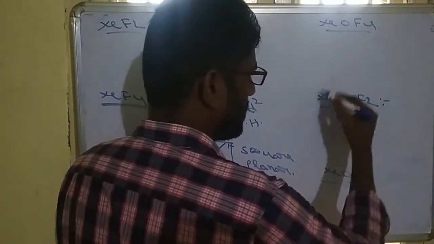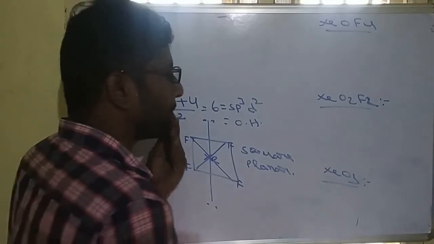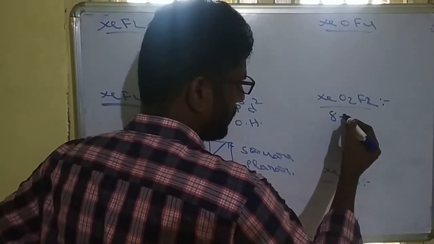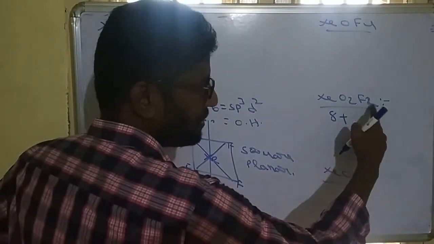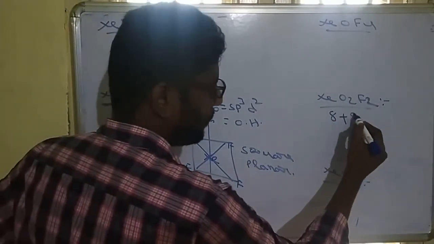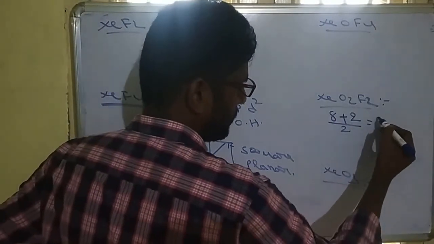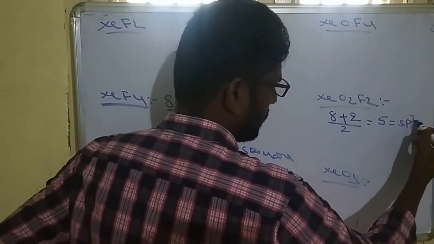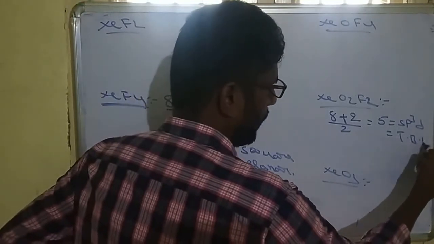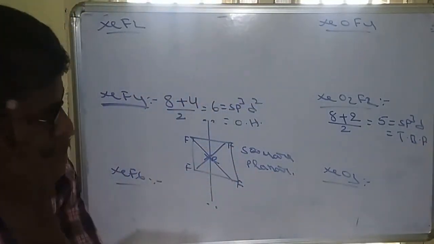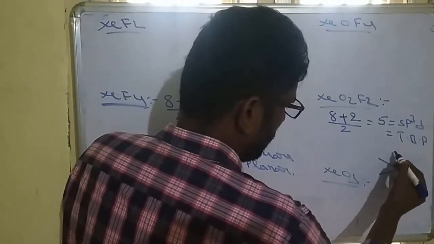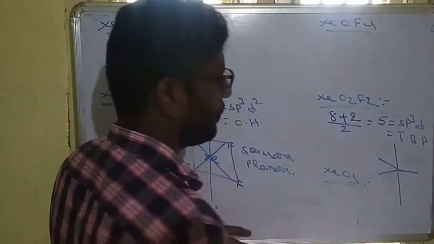Suppose you are taking XeO2F2. See this? In XeO2F2, the central atom will be xenon, valence electrons will be 8. Fluorines are monovalent, but oxygens are not monovalent. That's why I am taking only 2 fluorines, divided by 2. This will be 5. 5 means sp3d, which means trigonal bipyramidal geometry, with 3 equatorial bonds and 2 axial bonds.